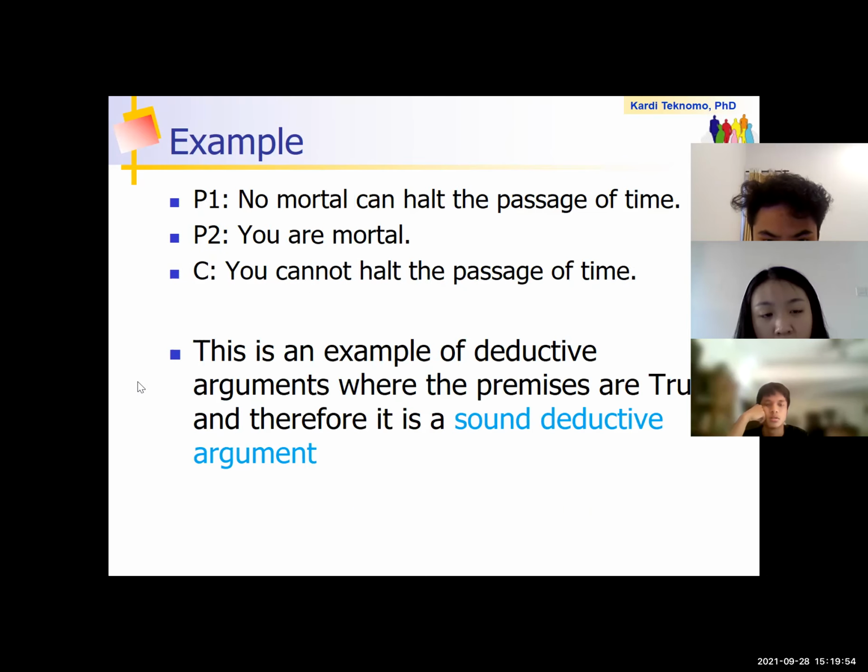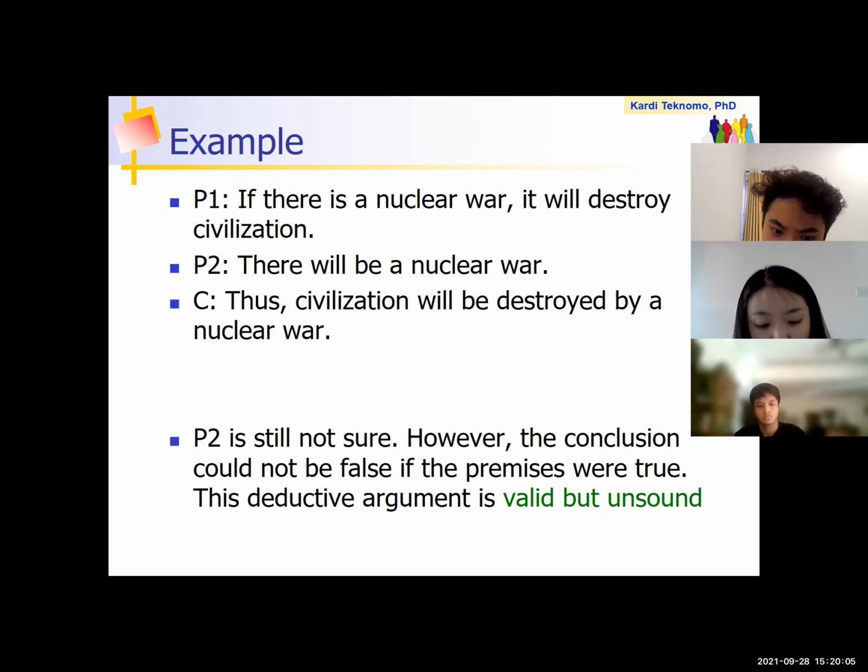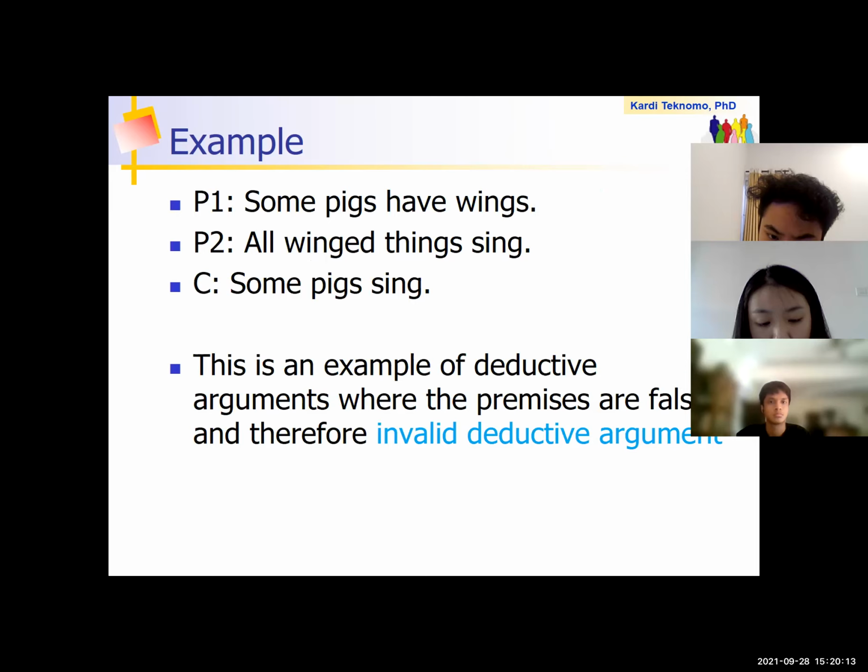And this is the example from earlier. I hope you remember in the beginning. So these are examples of valid and sound. This is valid and unsound, right? And this is invalid.